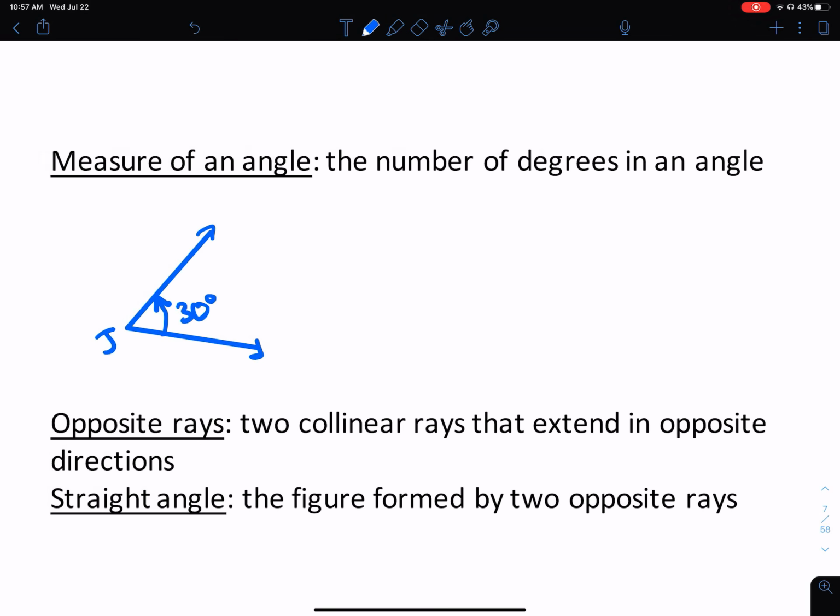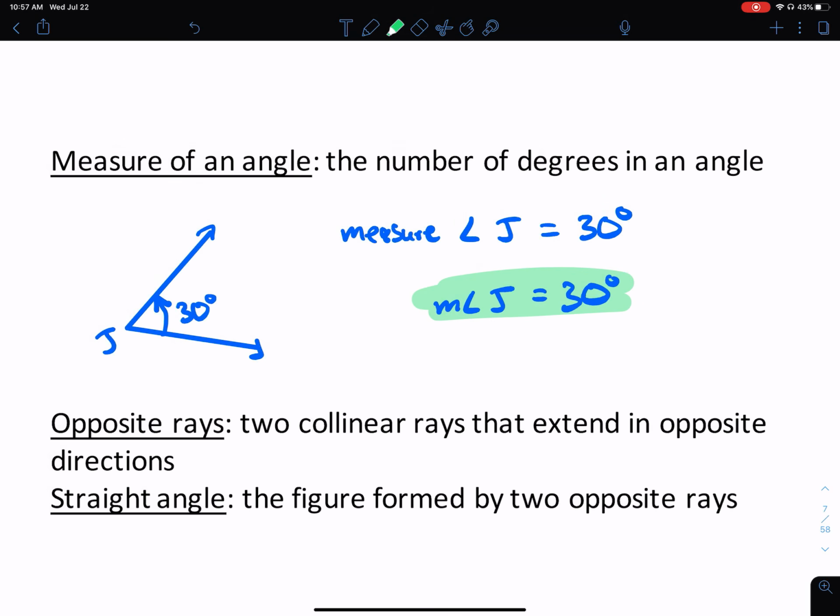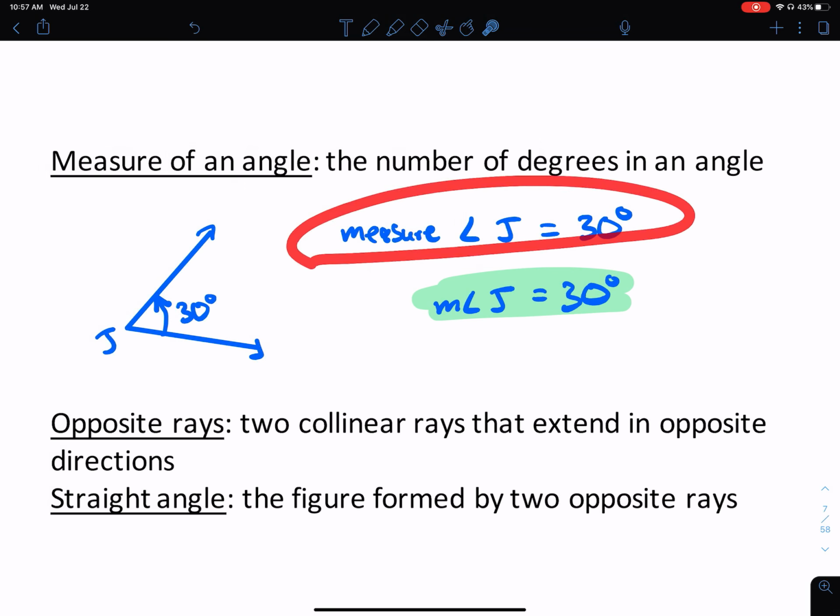We could say, in a terrible way, the measure, it's terrible because it's so much writing, angle J is equal to 30 degrees. Or we could say the measure of angle J is 30 degrees. This is much better because it's much less work. However, we could say it like this, and that's also accurate.